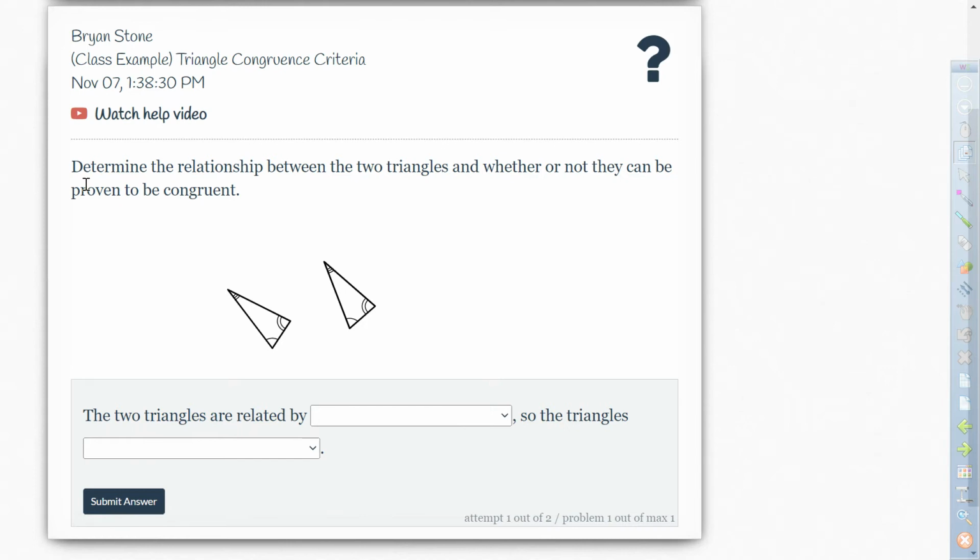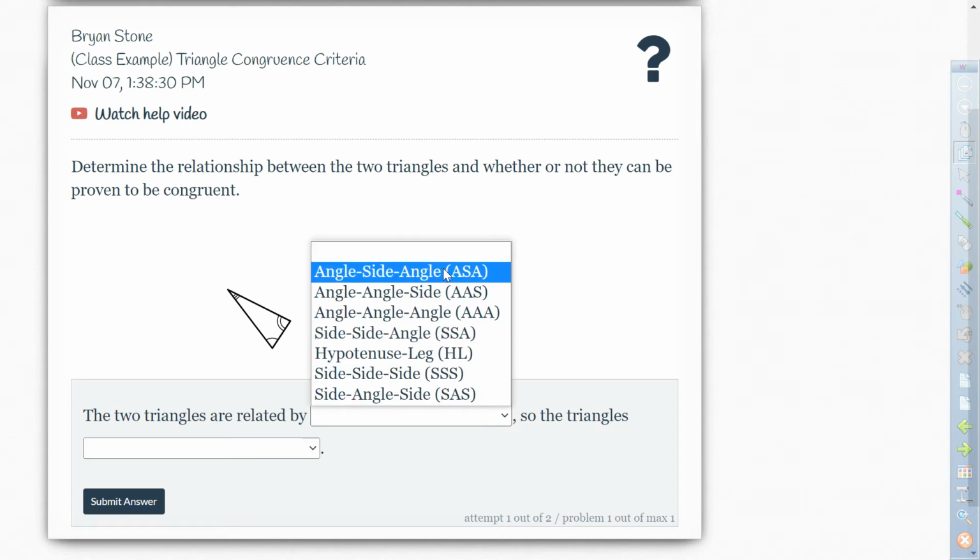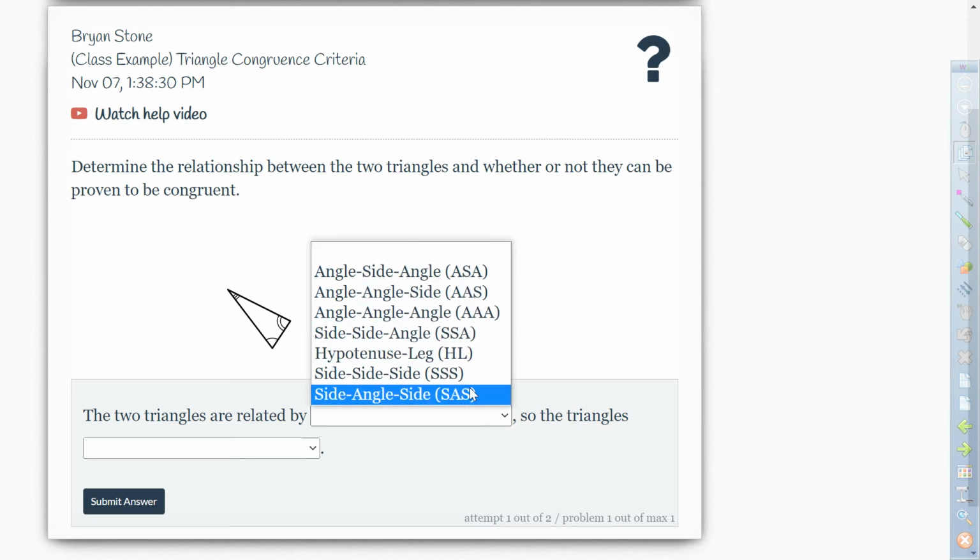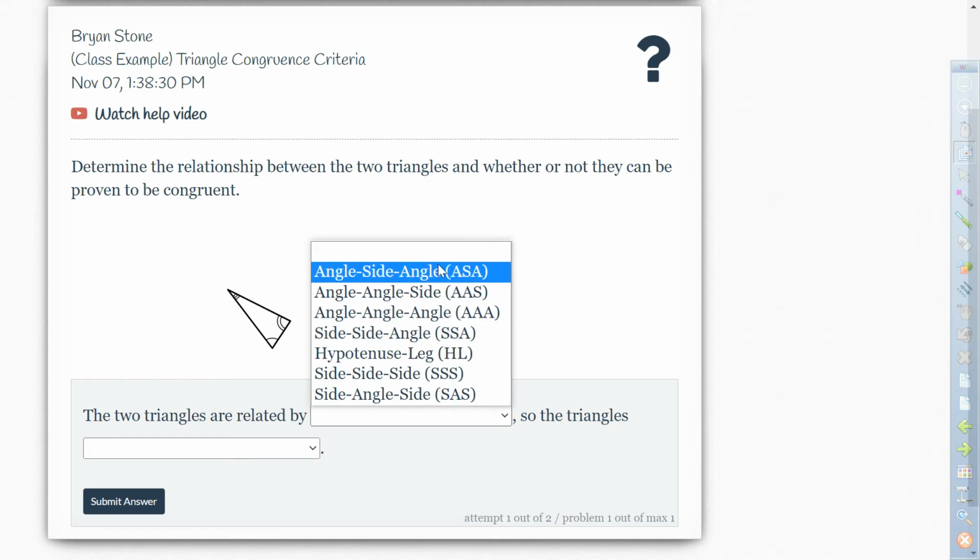All right, directions: determine the relationship between the two triangles and whether or not they can be proven congruent. Maybe the first thing to look at is these drop downs. The first one says the two triangles are related by, and it gives you options as to why the triangles are related. It's using the word related because not all of these are one of our triangle congruence theorems.